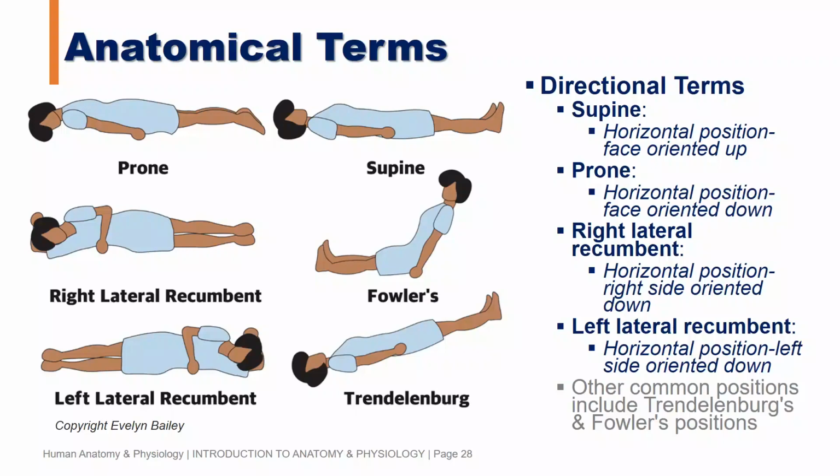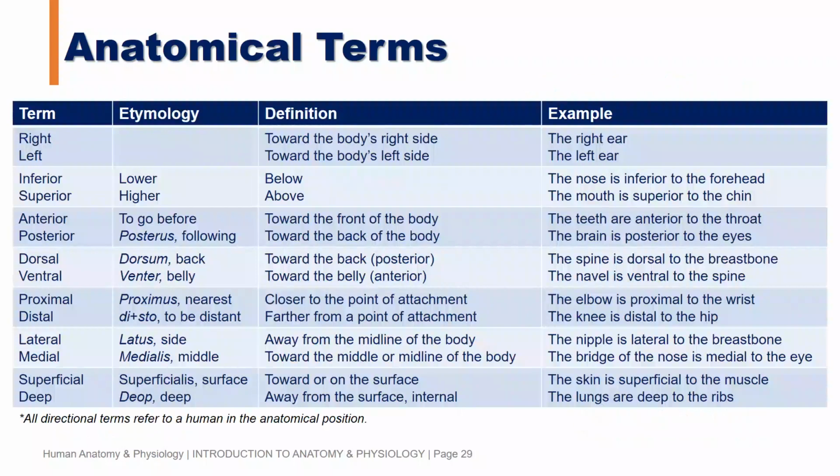And then you have your right lateral recumbent, which is a horizontal position with right side oriented down. And then you have your left lateral recumbent, a horizontal position with left side oriented down. And there are other common positions including Trendelenburg's and Fowler's position.